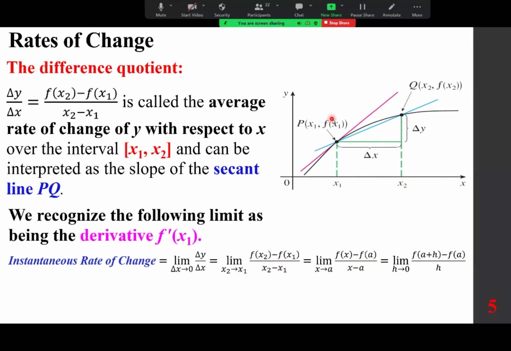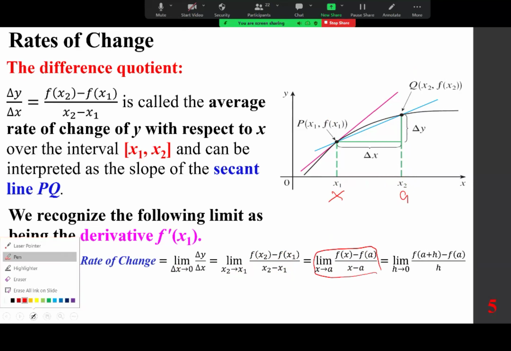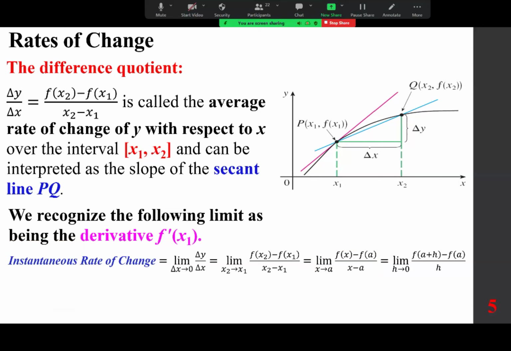Remember, we call this a and we call this x. Actually, erase. This is a, this is x. And we get to this definition.